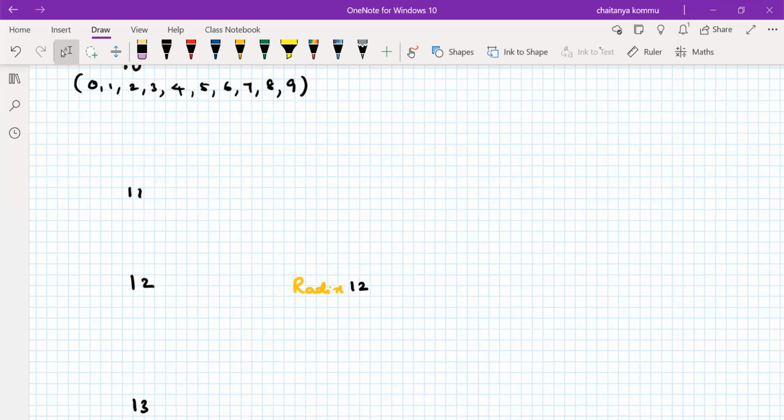After 9, I cannot write 10 there. If I write 0, 1, 2, 3, 4, 5, 6, 7, 8, 9, then 10 I cannot write. Why? Because the digits 1 and 0 are already available here. Therefore, I should not write 10 directly.